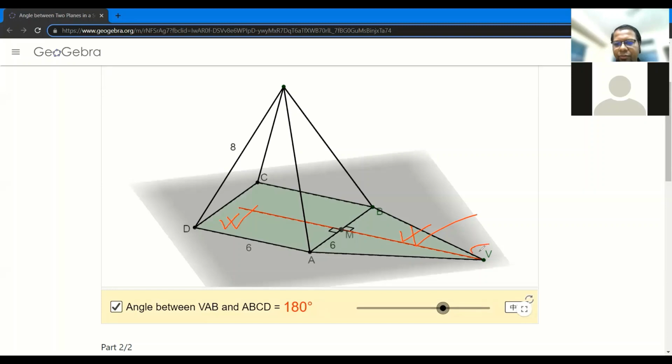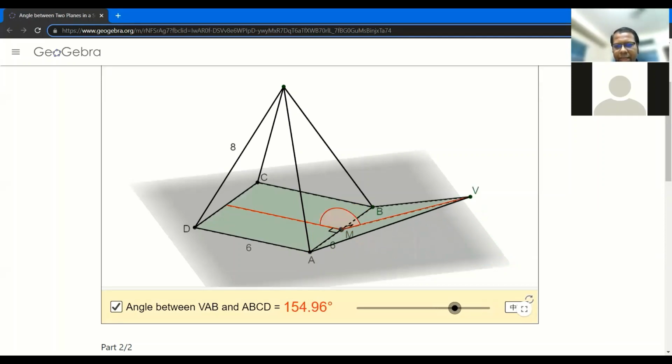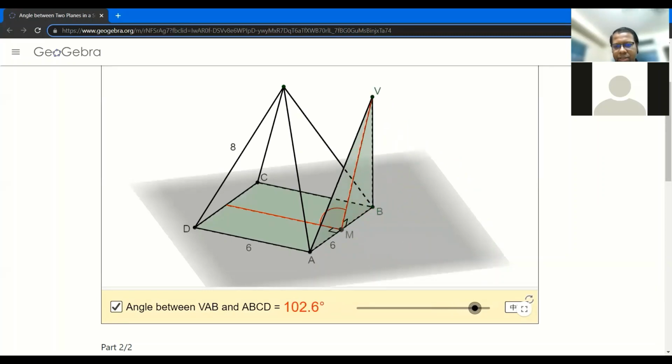ABCD and VAB, they're on the same surface, completely horizontal. So that's why the angle between them is 180 degree. But if I slowly move that VAB plane in upward direction, the angle slowly decreases.